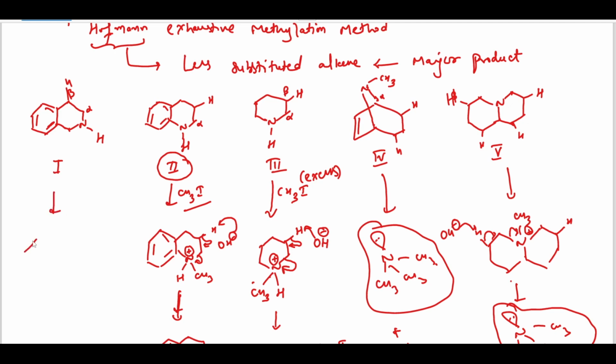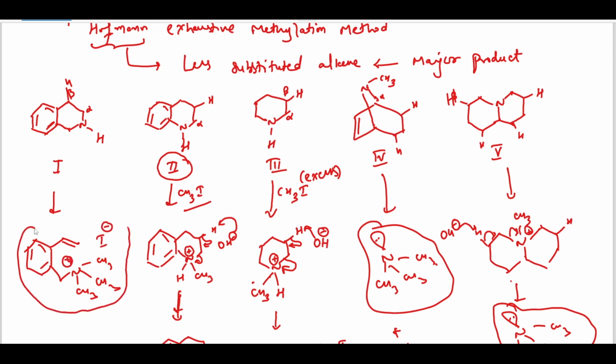So similarly, the reaction will stop here. So this quaternary ammonium salt will be your final product. After that, the reaction will be stopped in the case of the first also.